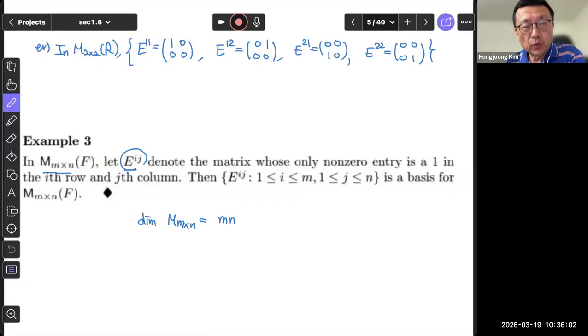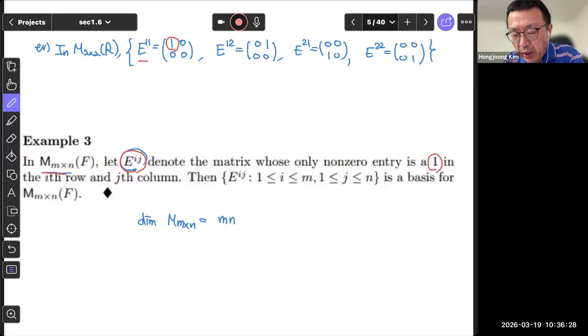In example 3, we considered the space of m by n matrices. In that space, we consider E^ij, the matrix which has the value 1 in the ith row and jth column. For example, E^11 has this 1 in the first row, first column.